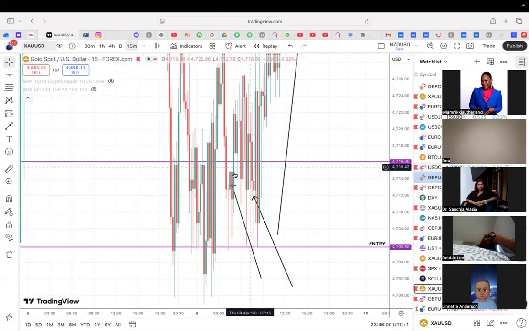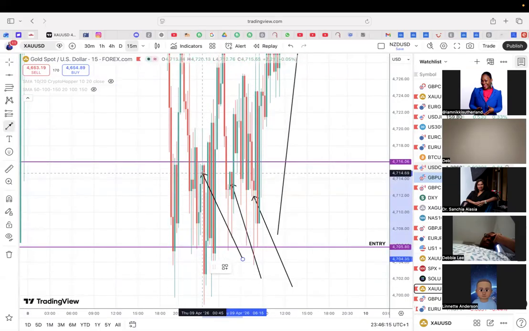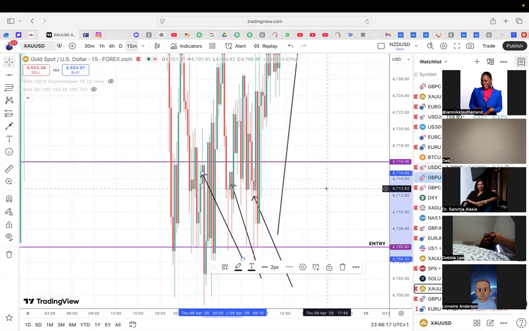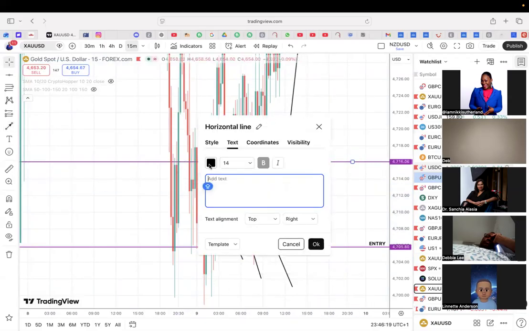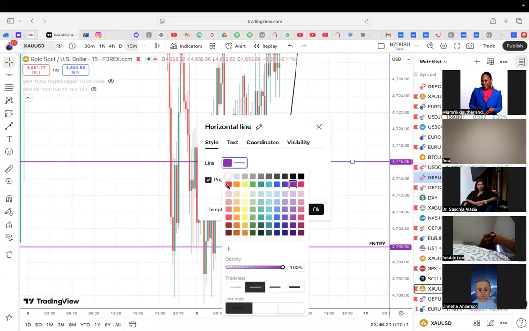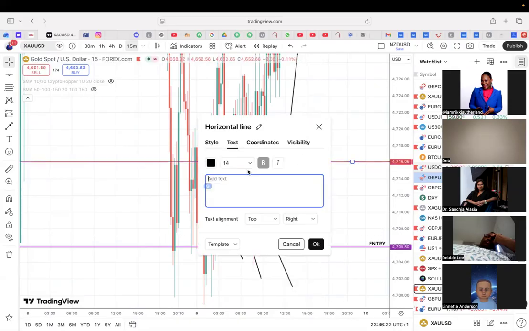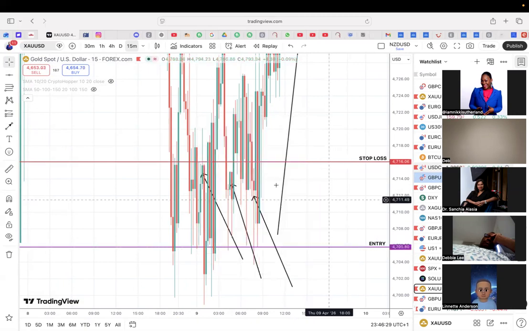And where they end, I've decided to put my stop loss just slightly above. So I'm looking to see where the market has stopped previously.